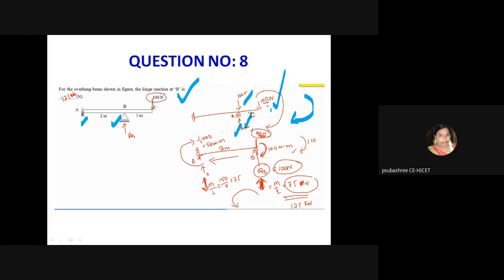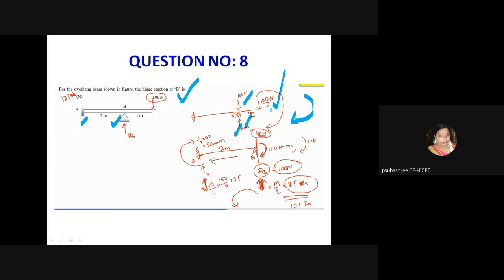Then at point B there is one load of 100 at point B, and one moment acting there. So for this beam, one downward load of 100 Newton at point B is acting, then a 100 Newton meter clockwise moment is acting.